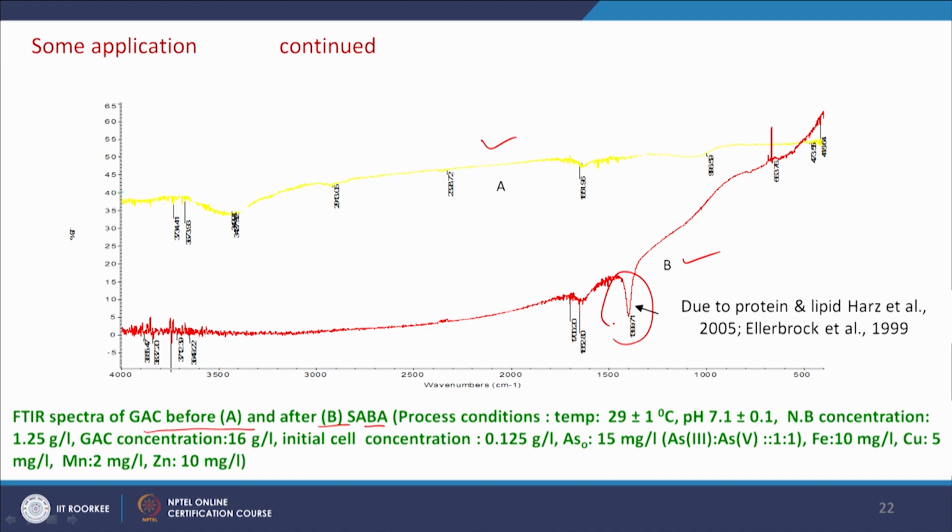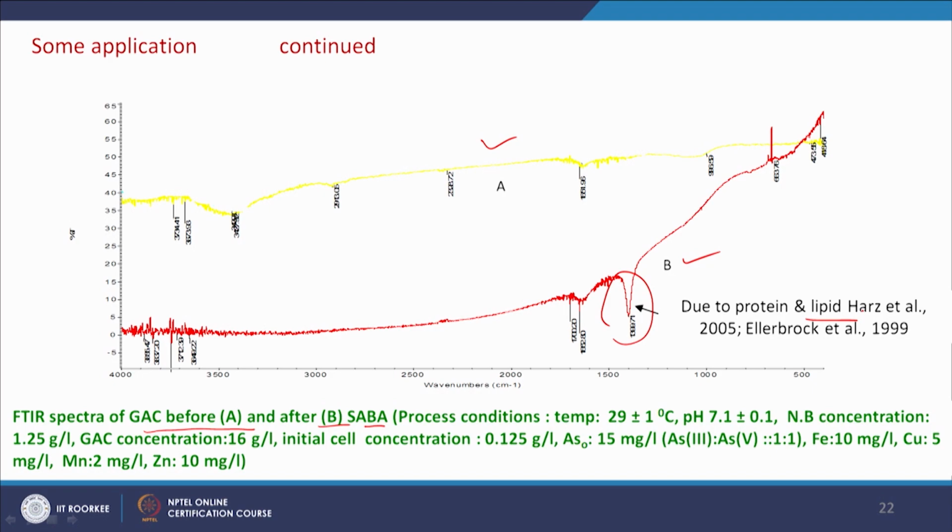These peaks are because of protein and lipid, which are associated with the microbial biomass. That way also we can correlate. This type of environmental application we will find in many cases, where FTIR or any other instrumental analysis can give us some assurance that yes, this phenomenon is present in that particular case.